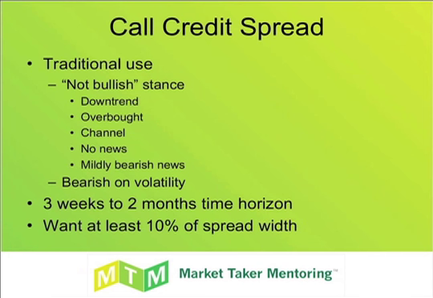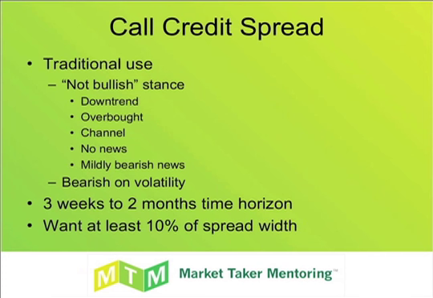I'm going to give you two rules of thumb for deciding which months to choose. You should choose options that have 3 weeks to 2 months until expiration. Once again, as it shows here on the slide, 3 weeks to 2 months until expiration.